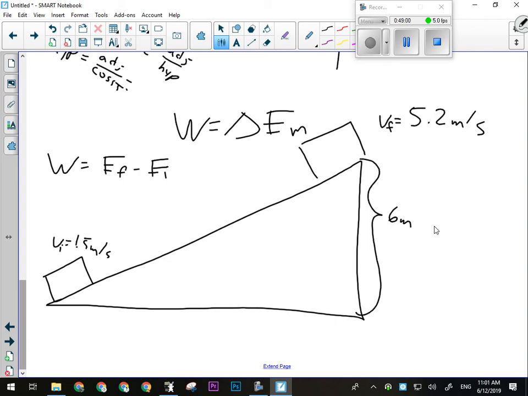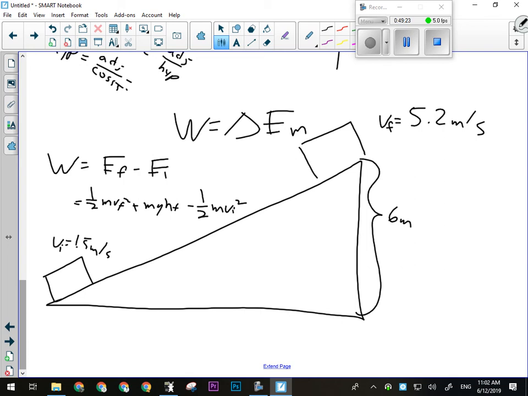Change in position, final minus initial. So what I would have here would be 1/2 mvf squared plus mghf, minus 1/2 mvi squared. I don't have any potential energy initially because I'm at the bottom, and that one's done. That's all I have to do, subtract those numbers.